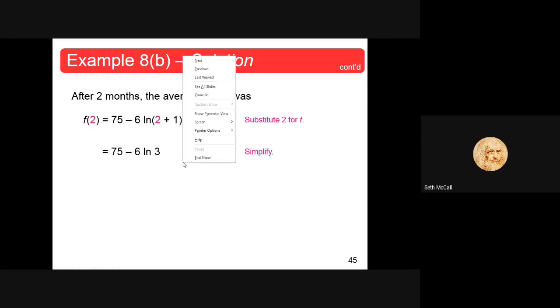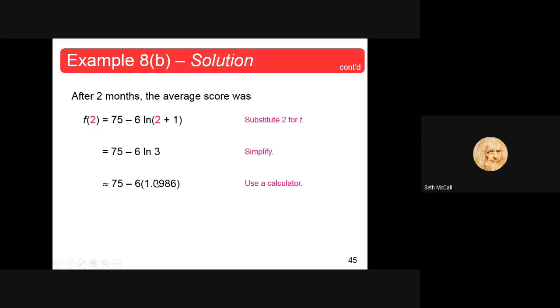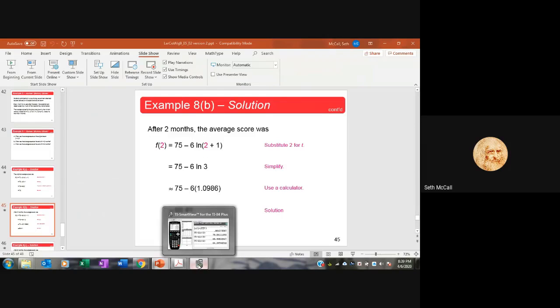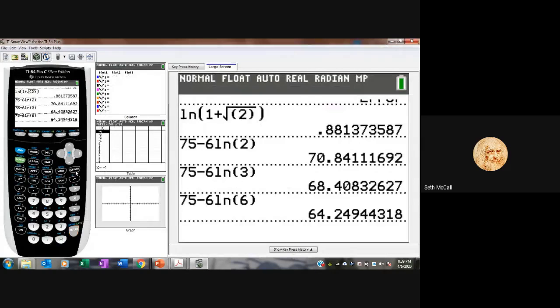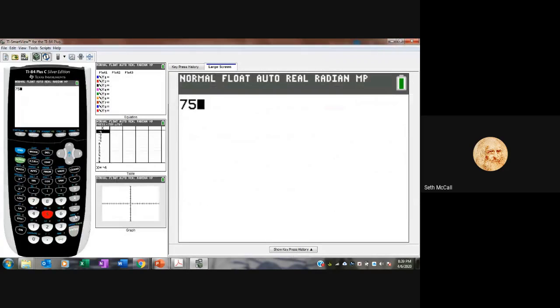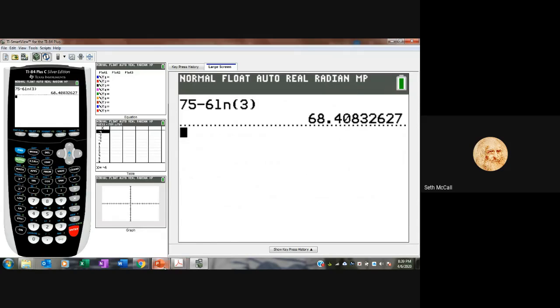Even though on this slide I figured out what natural log of 3 was first, I would not do that. What I would do is type 75 minus 6 natural log of 3, the whole thing in, and hit enter. That way you're not going to run into a round-off error at all, and you get 68.4.